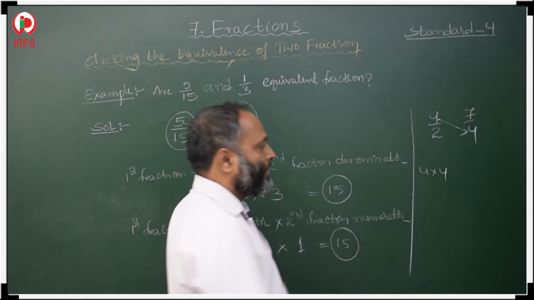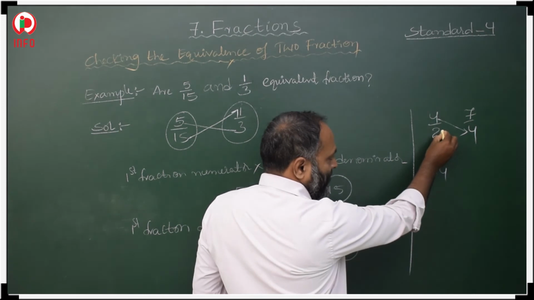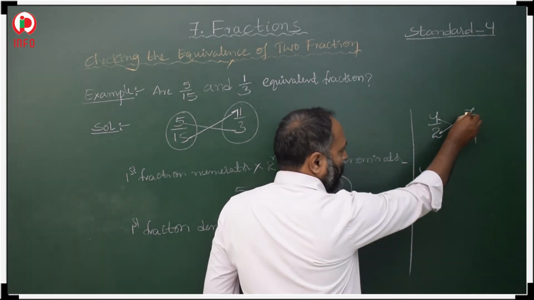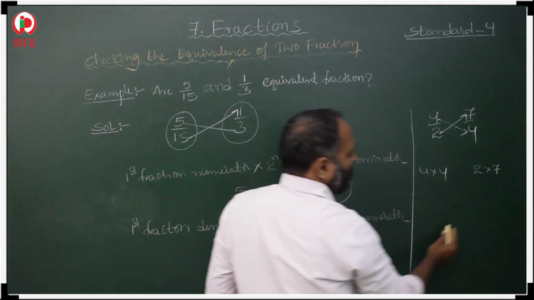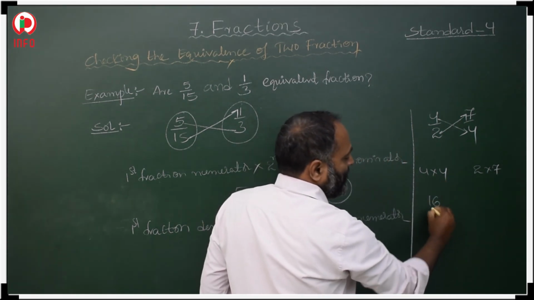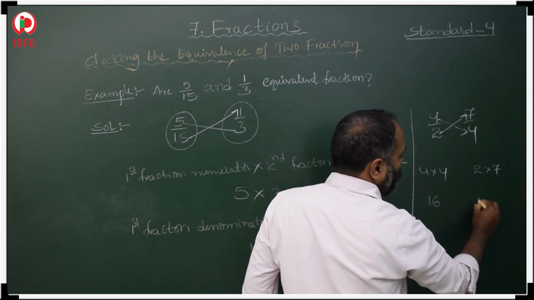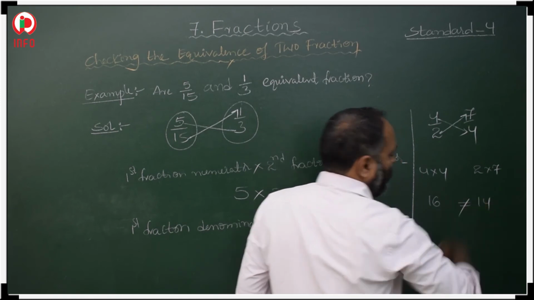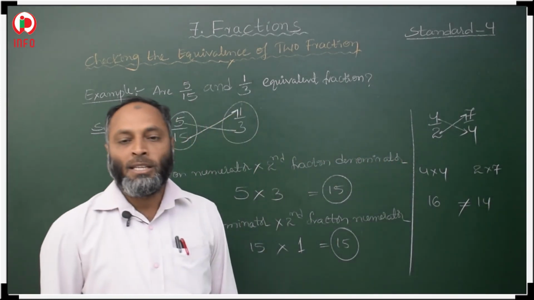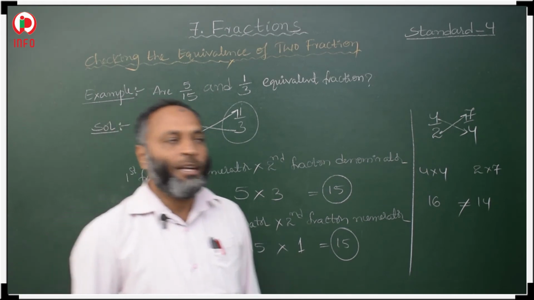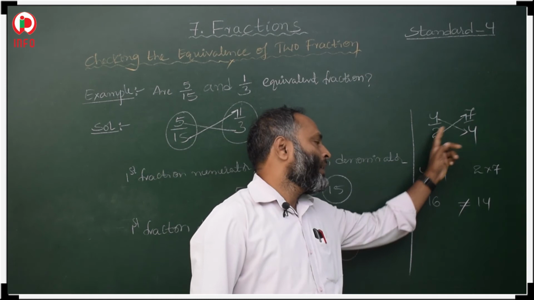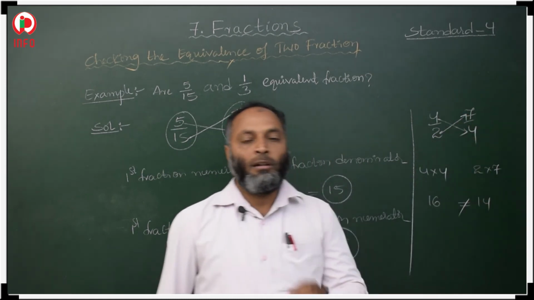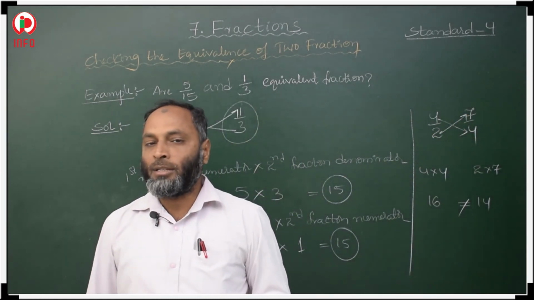Then the first fraction's denominator with the second fraction's numerator, that is 2 into 7. 4 fours are 16, 2 sevens are 14. They are not equal. 16 is not equal to 14. So 4 by 2 and 7 by 4 are not equivalent fractions.